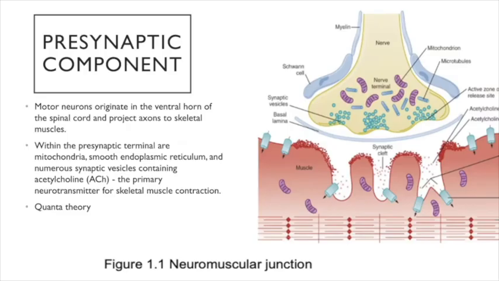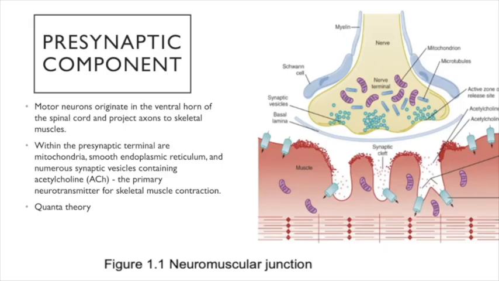And these nerve fibers originate from the ventral horn of the spinal cord and project axons to skeletal muscles. By the time they reach the point of the neuromuscular junction, they're demyelinated, and it is Schwann cells that make sure the health of these nerves is maintained. Within the presynaptic terminal, as I mentioned, are the mitochondria, smooth endoplasmic reticulum, and numerous synaptic vesicles containing acetylcholine, which is the primary neurotransmitter for skeletal muscle contraction.